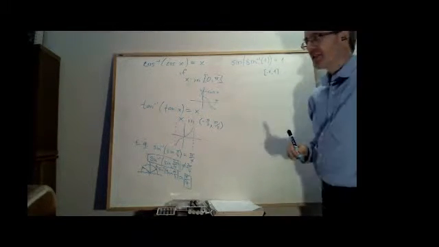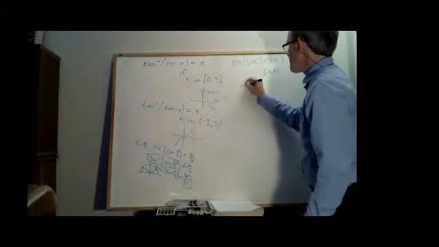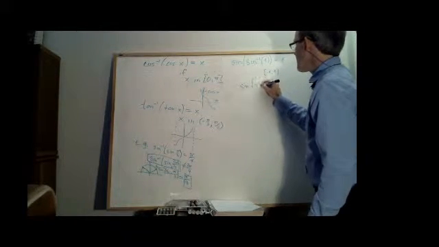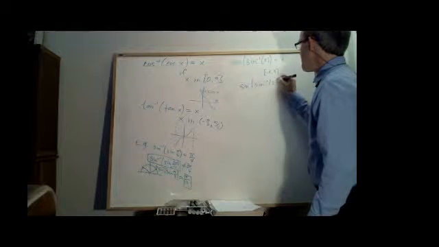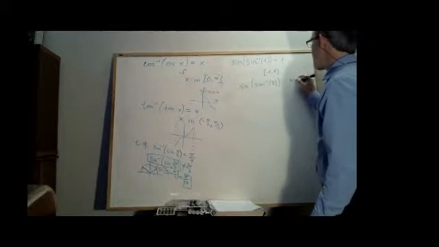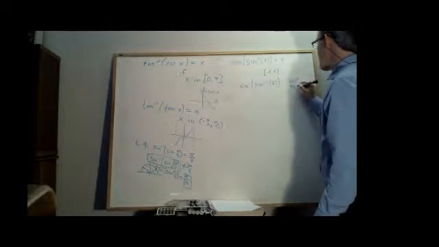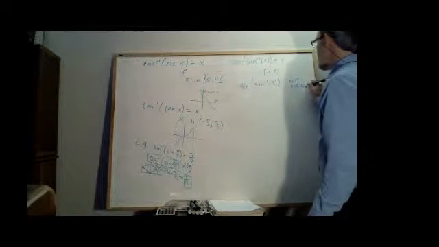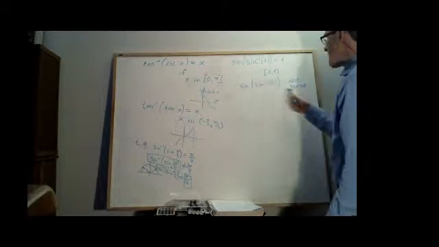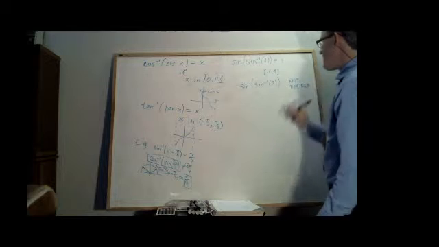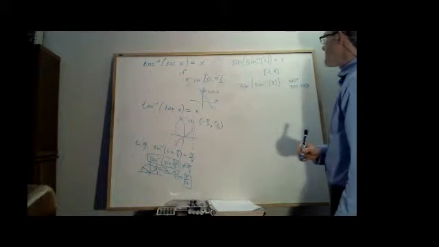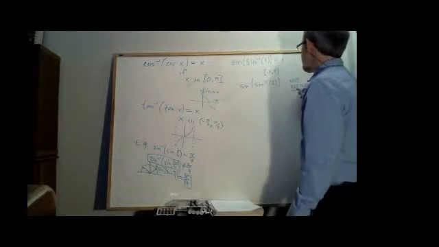So that's all you need to do. But if this is inverse sine of 2, then this is not defined, because you don't get past the first step of taking the inverse sine of 2. It gives you an error.